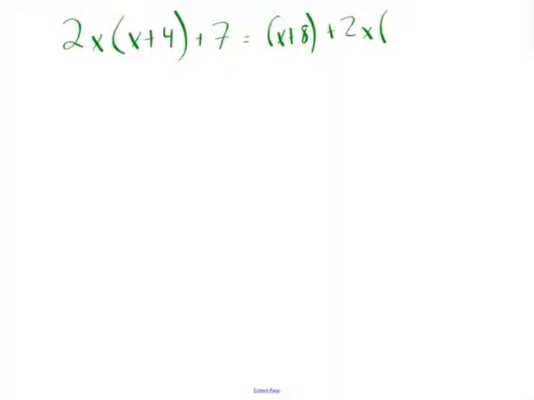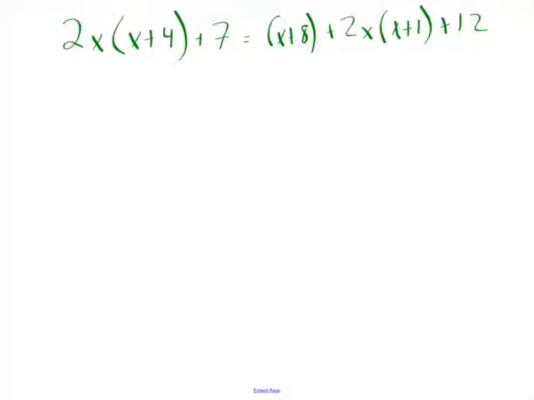So we're gonna say 2x on the outside of the parentheses, and then x plus 4 inside. 2x times x plus 4 plus 7 is equal to x plus 8 plus 2x, open parentheses, x plus 1, close parentheses, plus 12. And this is going to be a really ugly fraction, but just stay with it.